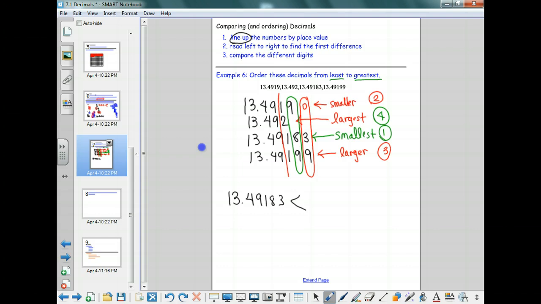Value number 2 is the top one, 13.4919. And then I have number 3, which is the bottom value, 13.49199. And then my largest value, which is 13.492, or 492 thousandths.